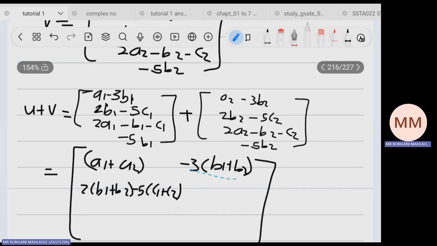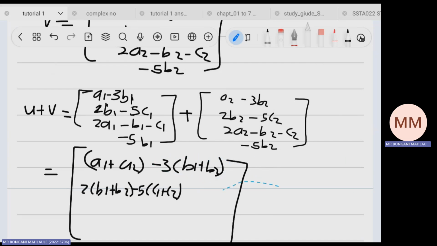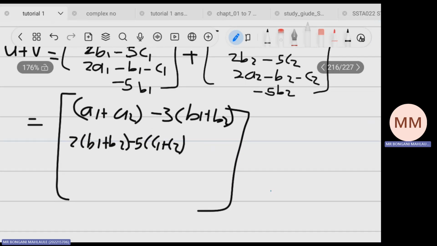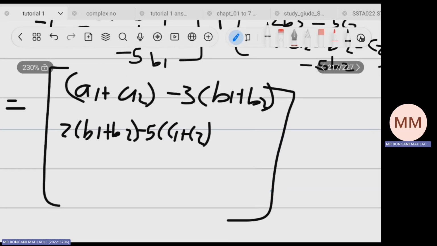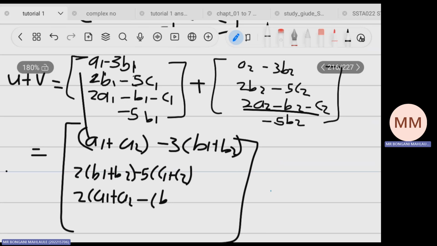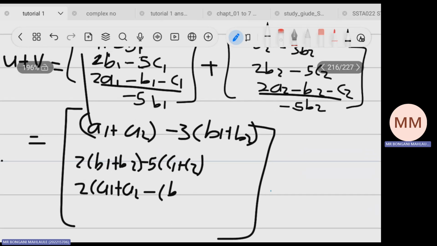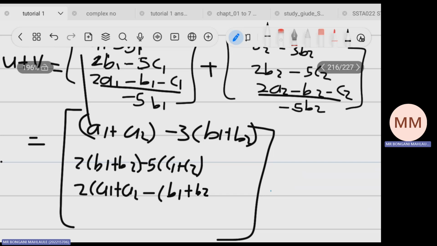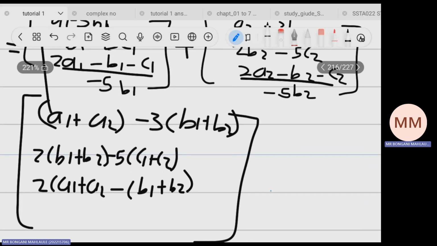Remember this thing is one thing. Then this will give us 2A1 plus A2, minus, when we add this, minus B1 plus B2, then we add C1 and C2.